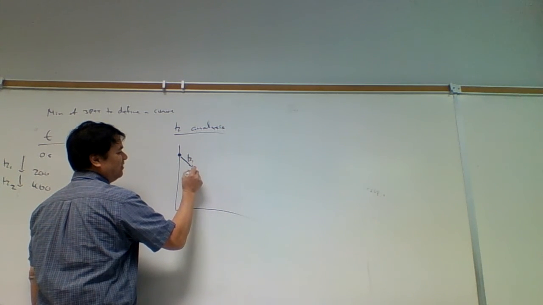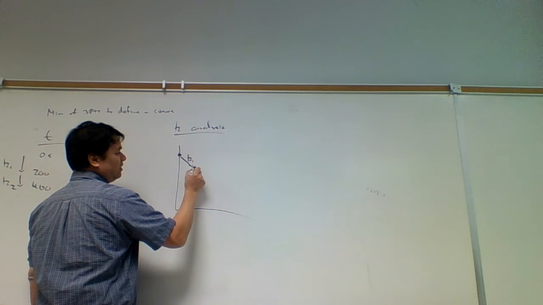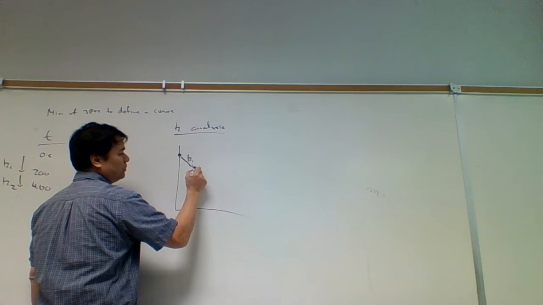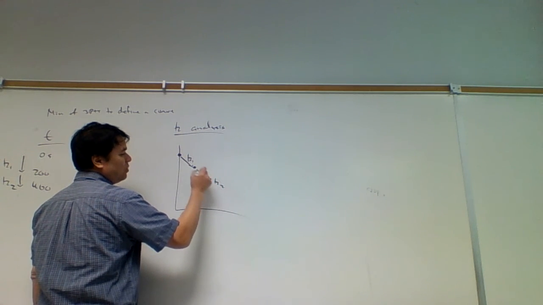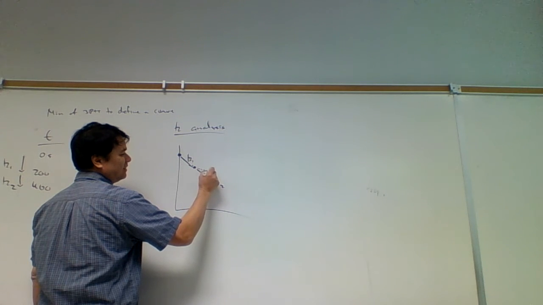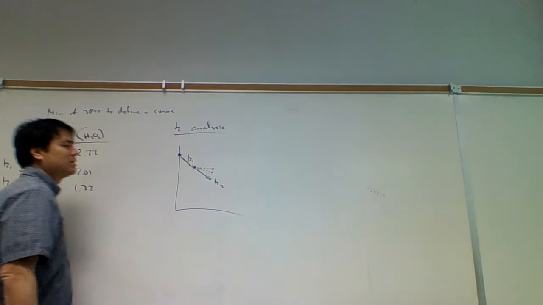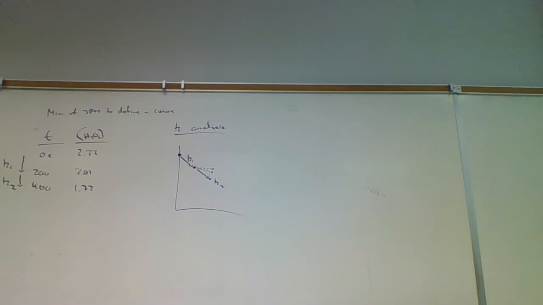K2 might be the same, like this, or it might be different. If it's the same or close to the same, we'd say it's linear. If it's different, we'll say it's probably nonlinear then.